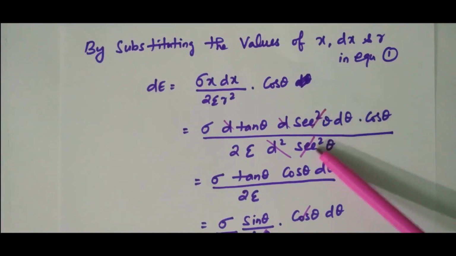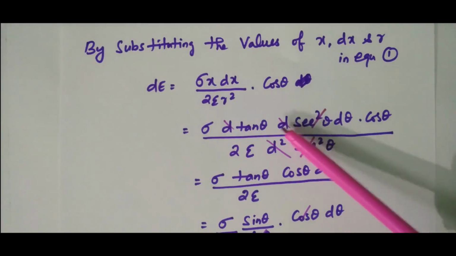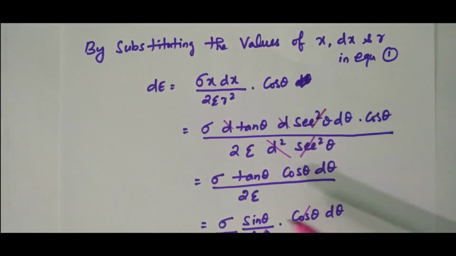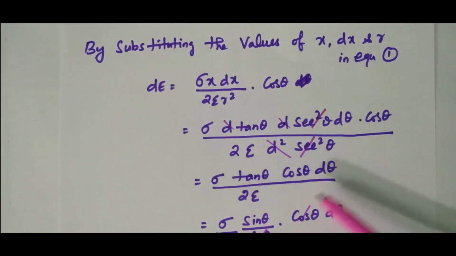The secant square got cancelled. Here d square is available, here d is available 2 times, so d square also got cancelled. So what we have is sigma tan theta cos theta d theta divided by 2 epsilon.